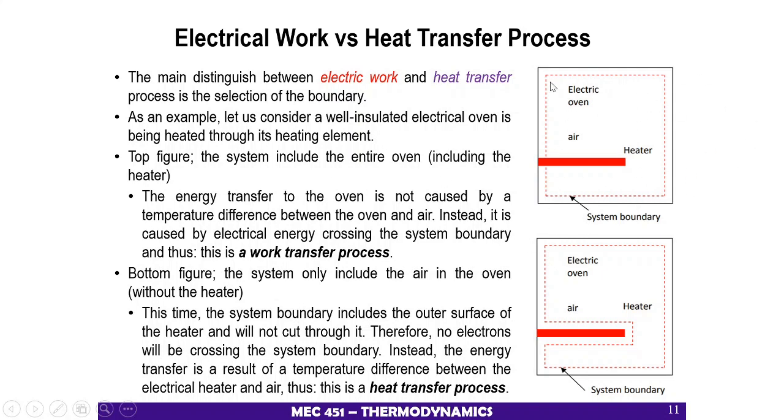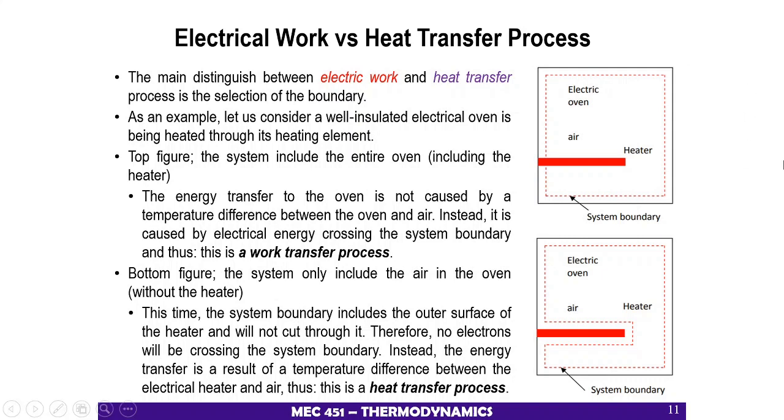In the top figure, the system includes the entire oven, including the heater. The energy transfer to the oven is not caused by a temperature difference between the oven and the air. Instead, it is caused by electrical energy crossing the system boundary, and thus we call it a work transfer.